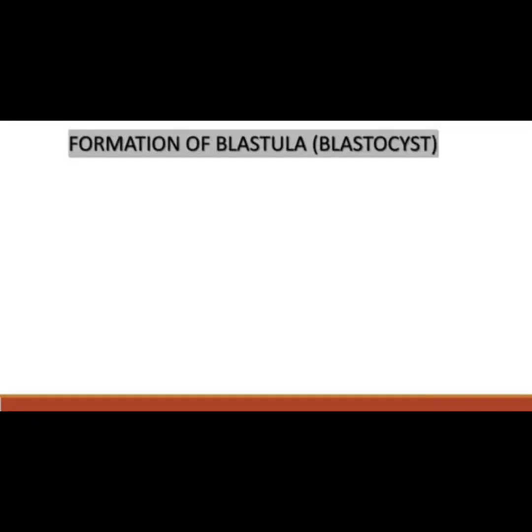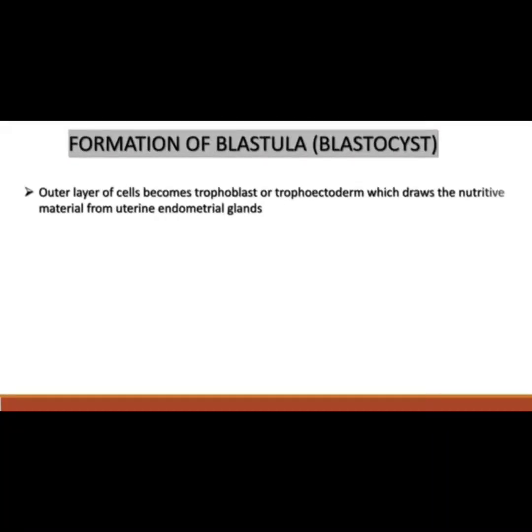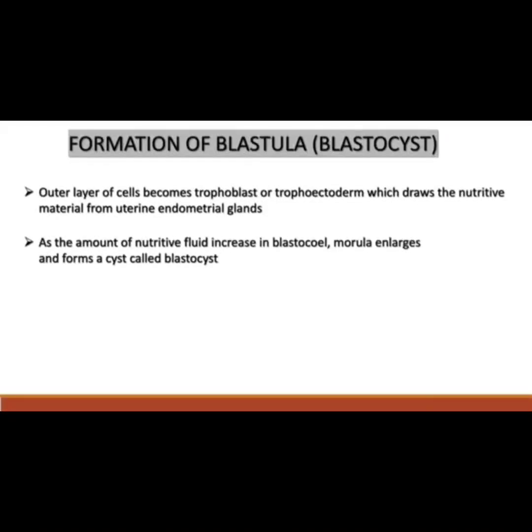Formation of blastula. The outer layer of cells forms the trophoblast or trophoectoderm, which draws the nutritive material secreted by the uterine endometrial glands. The fluids absorbed by the trophoblast collect in a new central cavity called the blastocoele. As the amount of nutritive fluid increases in the blastocoele, the morula enlarges and takes the form of a cyst and is now called the blastocyst or blastodermic vesicle.